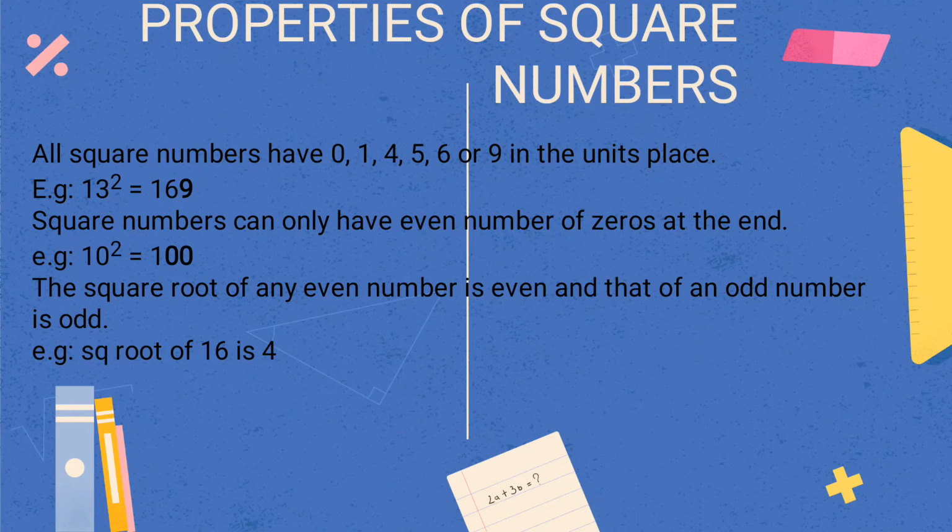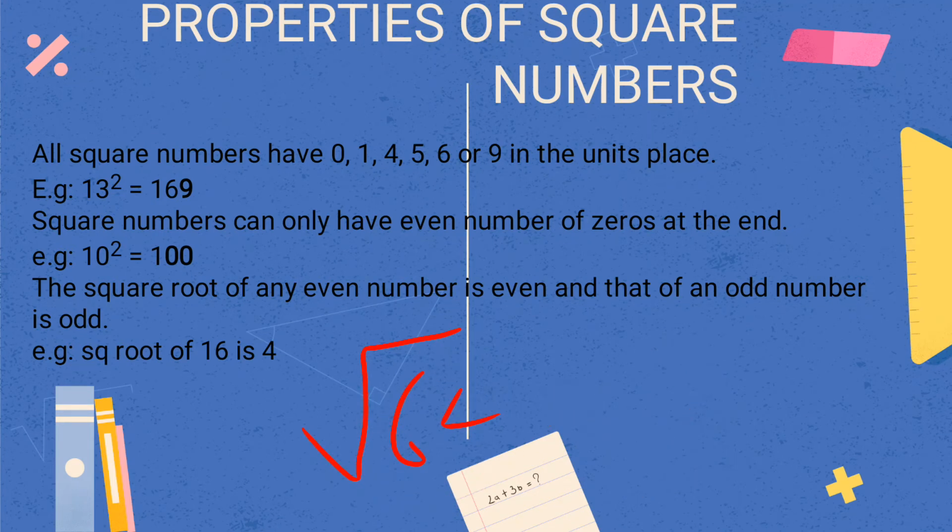And the next and last rule is that the square root of any even number is always even, and that of an odd number is always odd. So you can see that the square root of 64 is 8. 64 is even, and 8 is also even.